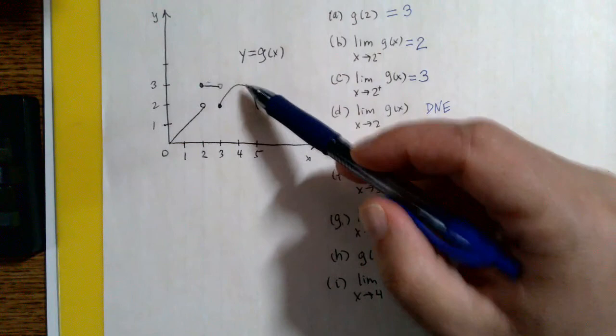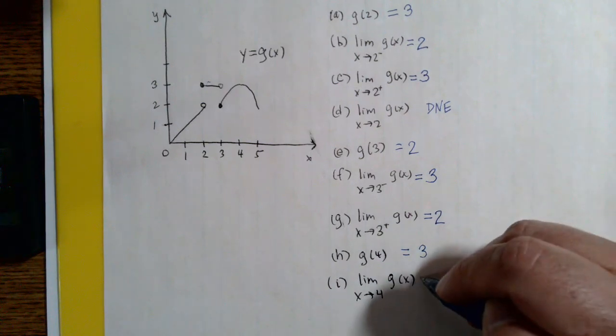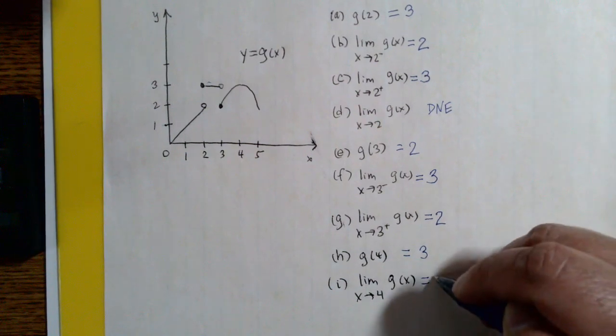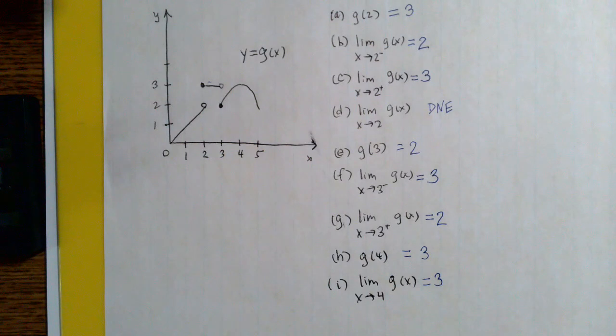We see from either direction we're heading up to the peak there, and we already said that that has a height of 3. So in this case, we do have a two-sided limit. It happens to be the same as g of 4, but we'll certainly see other examples where that's not the case. We saw above that g of 2 is 3, but the two-sided limit did not exist there.